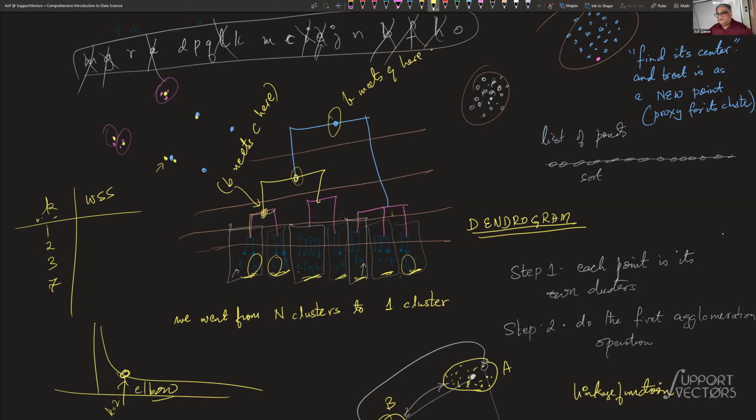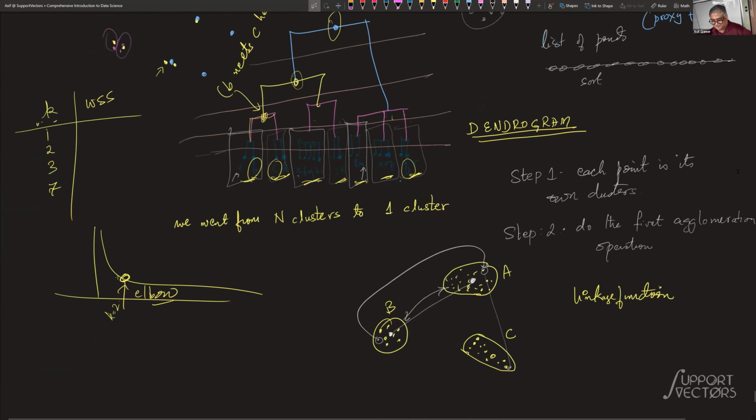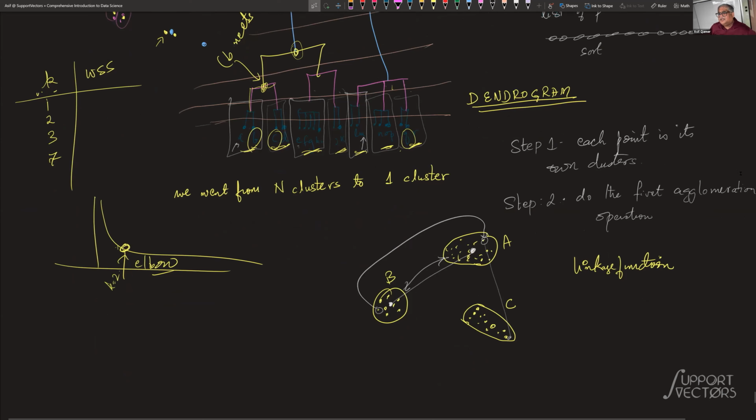And for each of these, you will get a different dendrogram. So the second implicit assumption was that we know how to define the distance between 2 clusters. That definition is the linkage function, the definition of distance between the clusters.